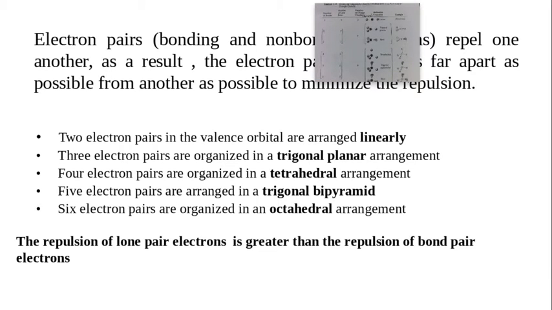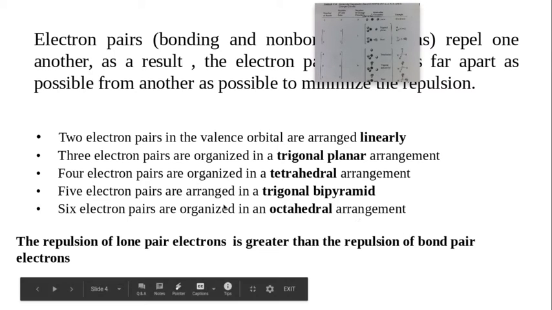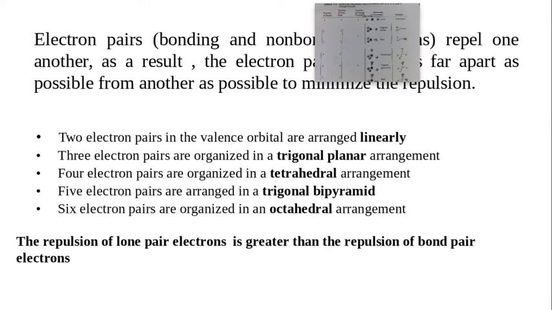In this case, 2 electron pairs in the valence orbital is linear. 3 electron pairs is trigonal planar. 4 electron pairs is tetrahedral. 5 electron pairs is trigonal bipyramidal. Now, you'll have to pay attention to this bottom one, because in geometry, you learn that something that is 6-sided is a hexagon. But in molecular geometry, if it has 6 electron pairs, we call that octahedral.